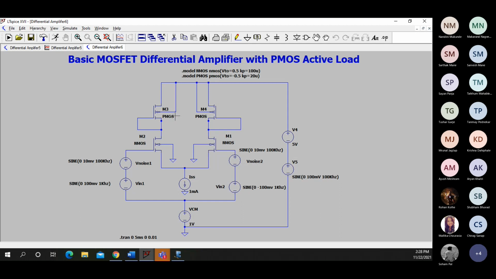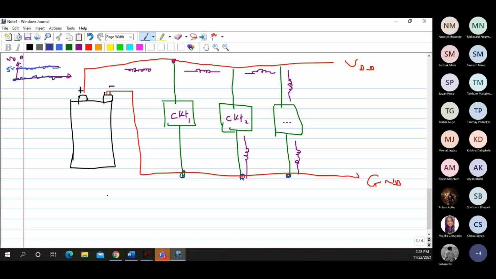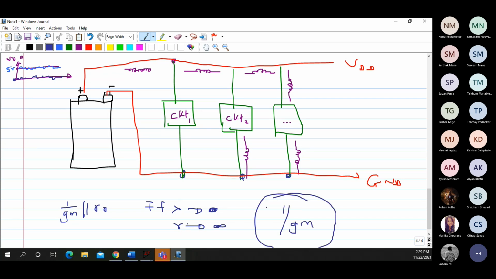When the drain and the gate are shorted, this PMOS will behave like a resistance, and the resistance offered by the PMOS is 1/gm in parallel with r0. If lambda tends to 0, r0 tends to infinity, and the resistance is simply 1/gm.